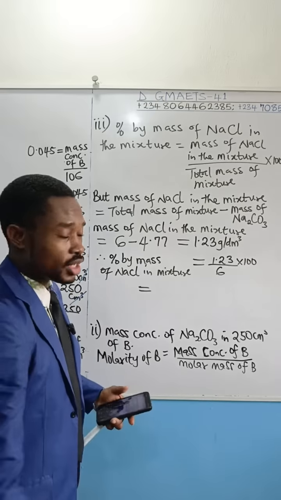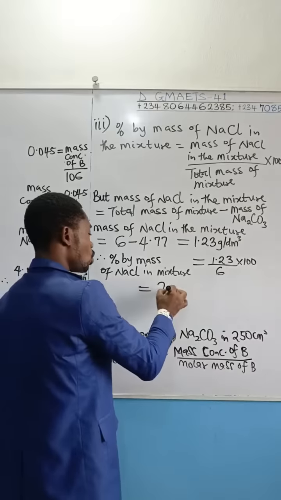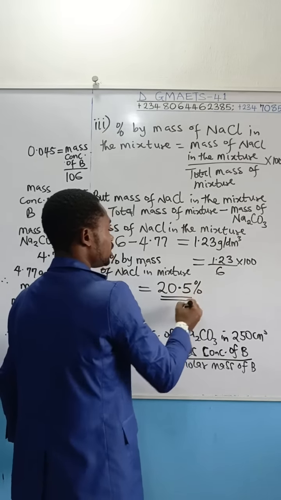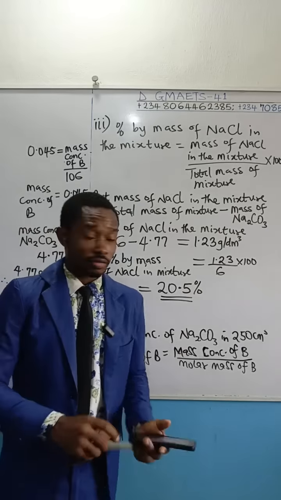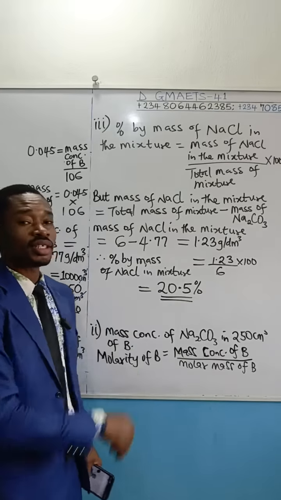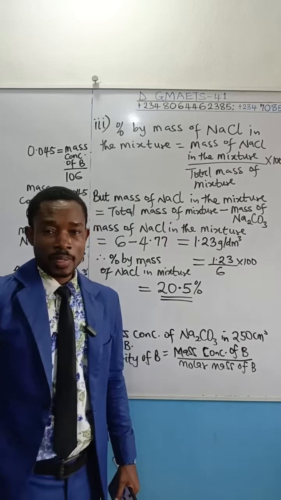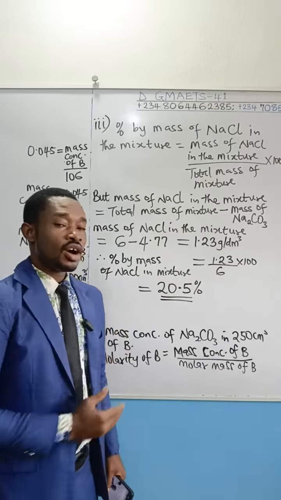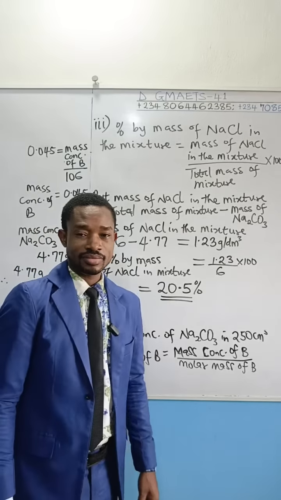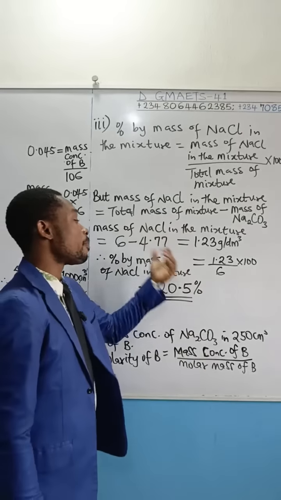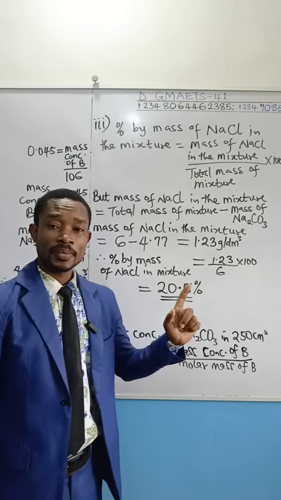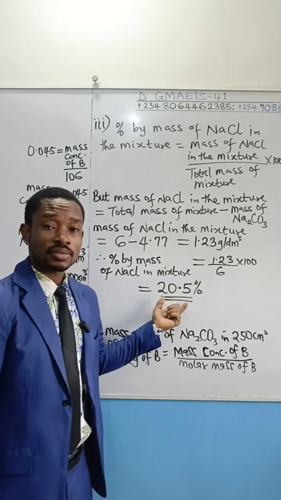So this gives 20.5%. This is the percentage by mass of sodium chloride in this solution. And like I said, this is the same as calculating the percentage impurity in solution B.